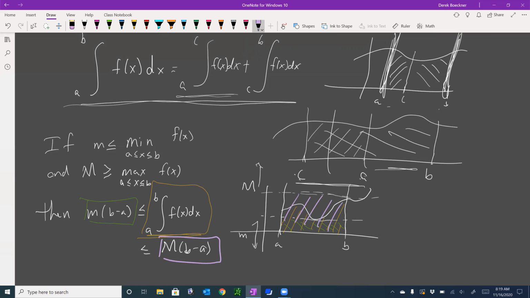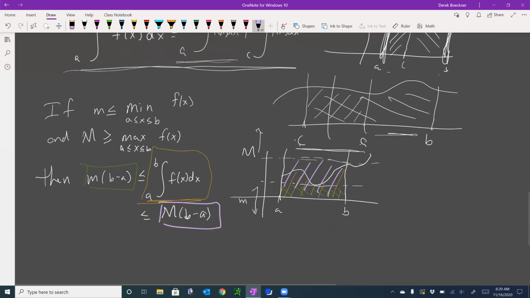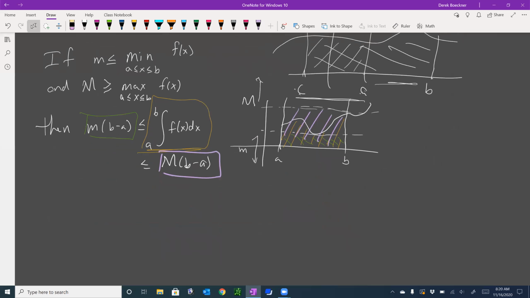If I take the maximum and make it a rectangle on a to b, that's going to be bigger than the area under the curve, which is going to be bigger than the area under the rectangle where I take the minimum as the height. Does that make sense? So just geometrically, that's what we got there.